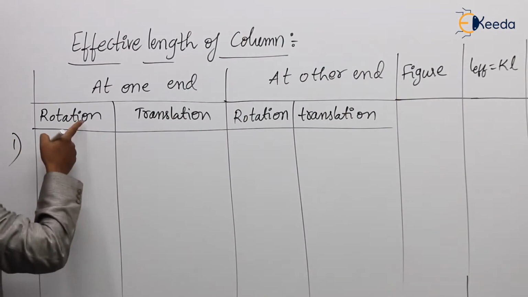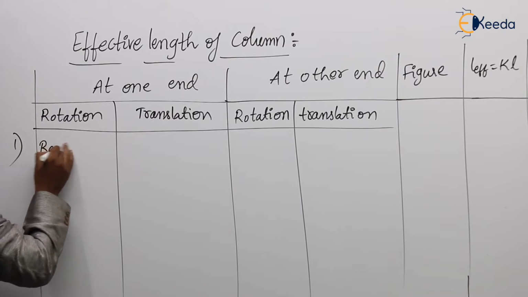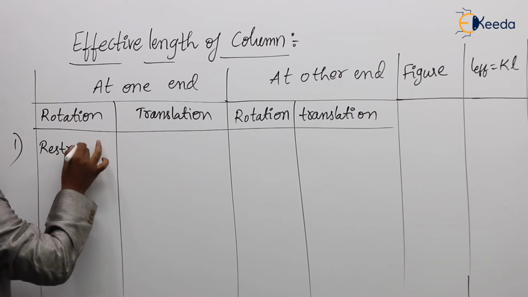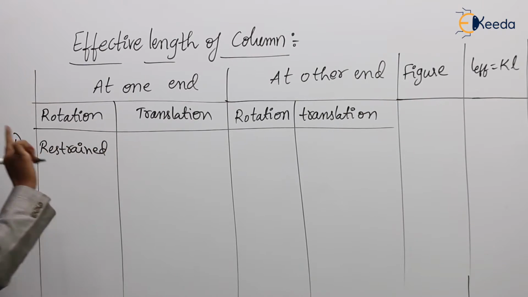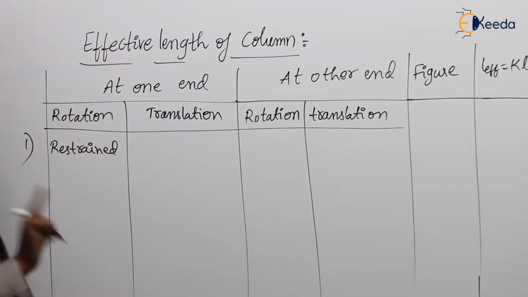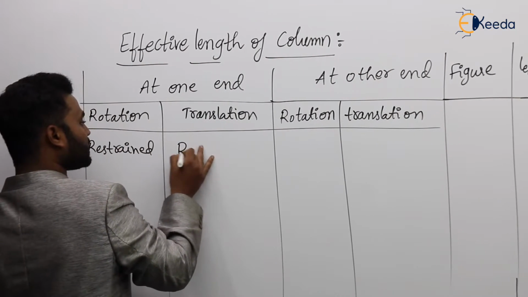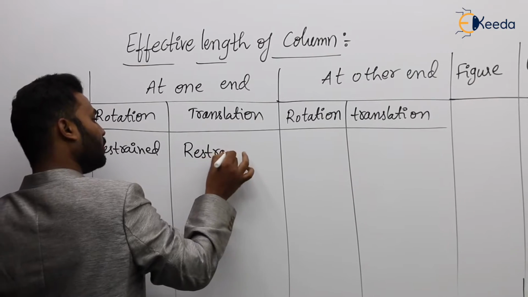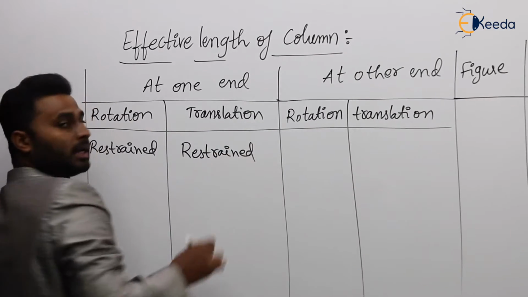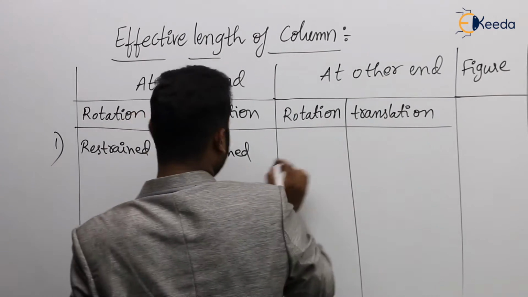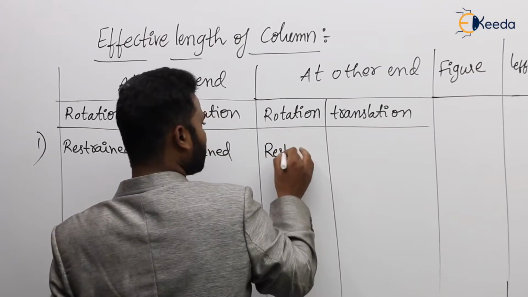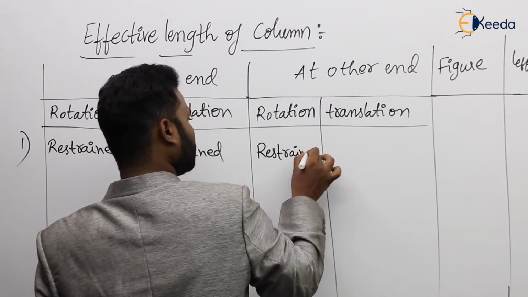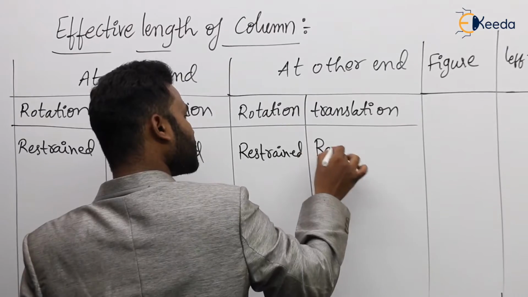At one end rotation is restrained. What does it mean? There is no chance of rotation at that end. Next, translation is also restrained. Clear? Next, the other end: same. Rotation is restrained and translation is also restrained.